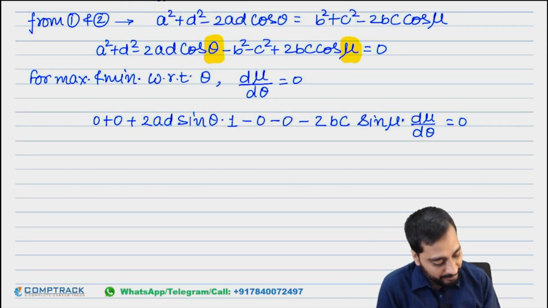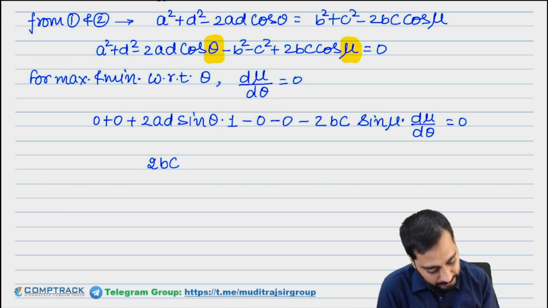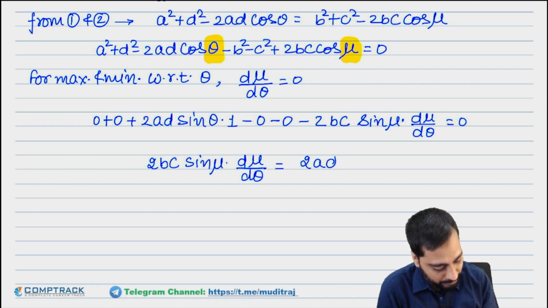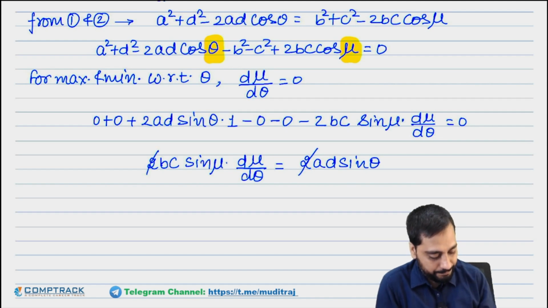Now arrange these terms. So 2BC sin mu into d mu by d theta will be equal to 2AD sin theta. Yes or no? 2 cancels.